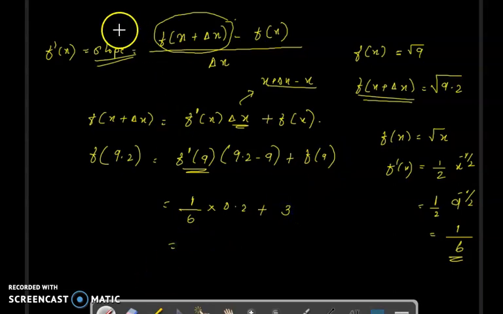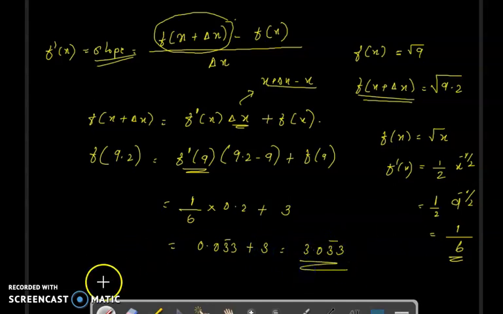So 0.2 divided by 6 is 0.033, plus 3. The final answer is 3.033. So the square root of 9.2 is 3.033. Let us check this answer with the calculator.